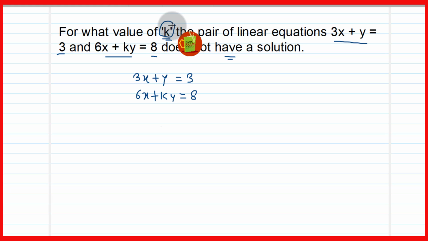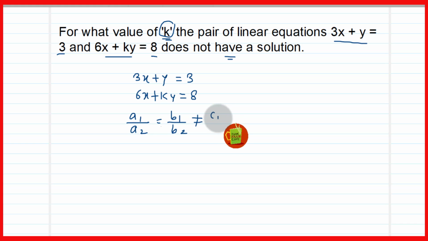And we have to find the value of k such that the pair of linear equations will not have a solution. And the condition for no solution is that a1 upon a2 is equal to b1 upon b2 is not equal to c1 upon c2.